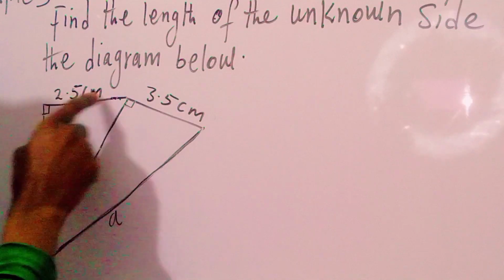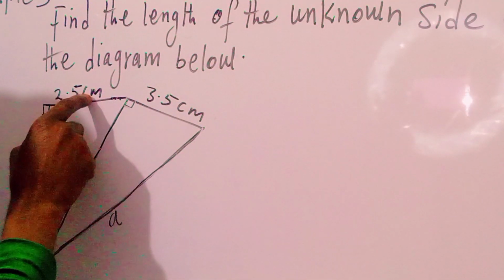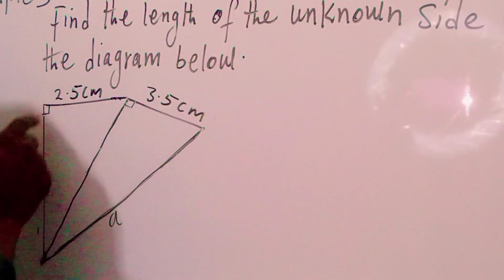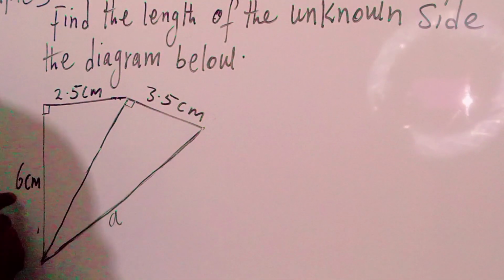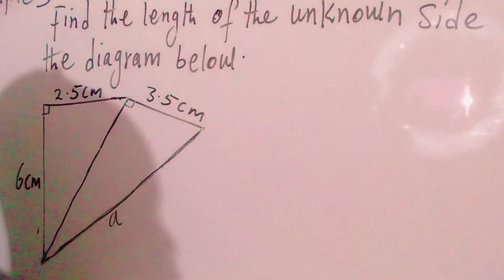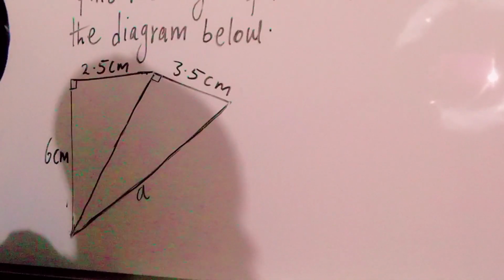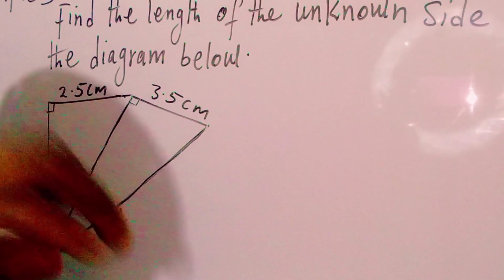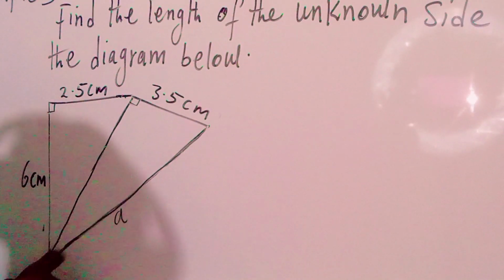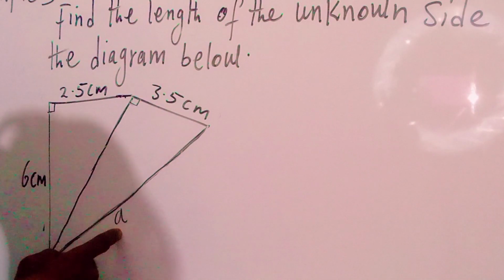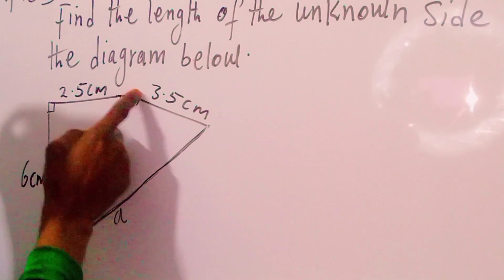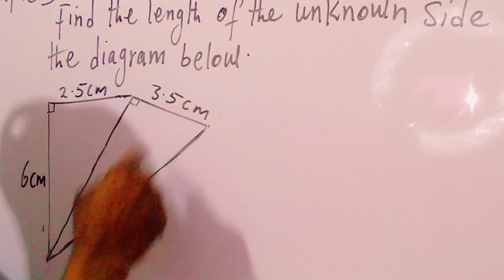The length from this point to this point was given as 6 centimeter. And right here, side A is unknown. And on this very side, from this point to this point, was given as 3.5 centimeter.